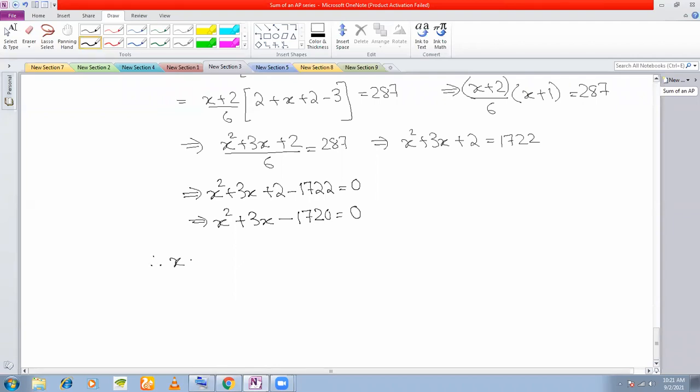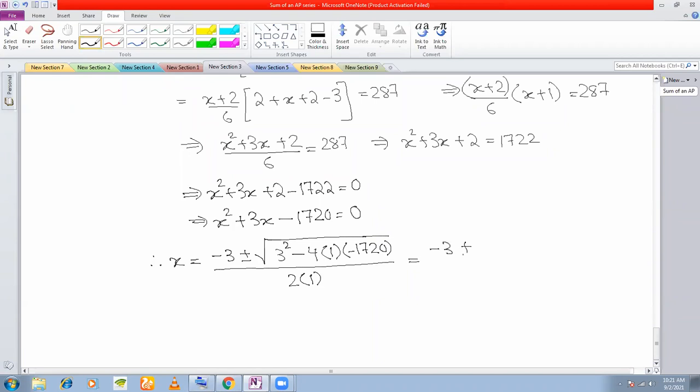So therefore, x is equal to minus b plus or minus root over of b square minus 4 into a into c, divided by 2 into a.